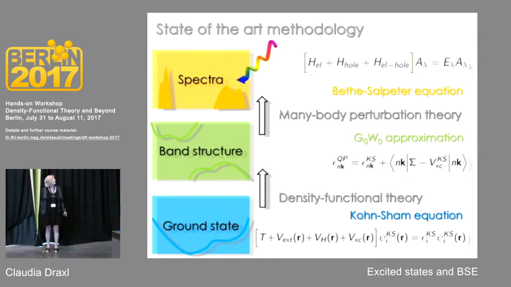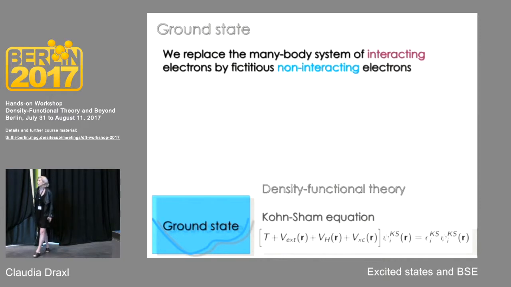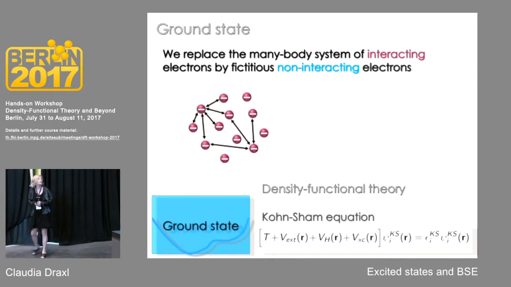Now, let me go just a minute back to the ground state to explain what we have done so far. To get to the Kohn-Sham equation of density functional theory, so to get to this one-electron equation, we have done a trick. Because DFT is a many-body theory in nature, but why can we solve a single-particle equation?